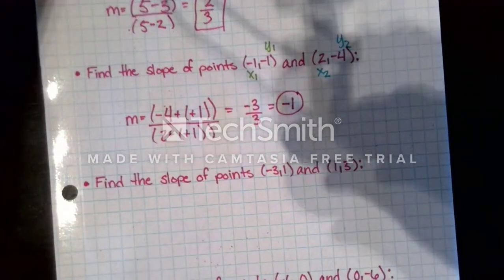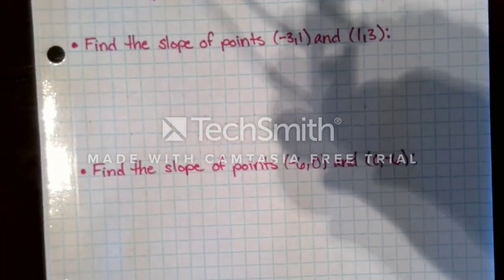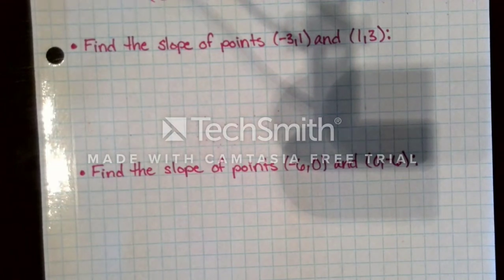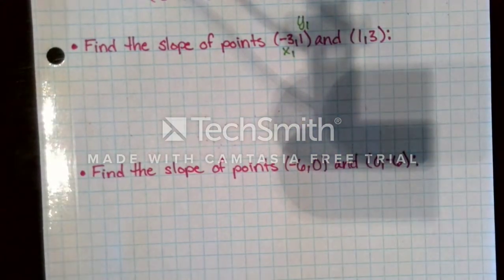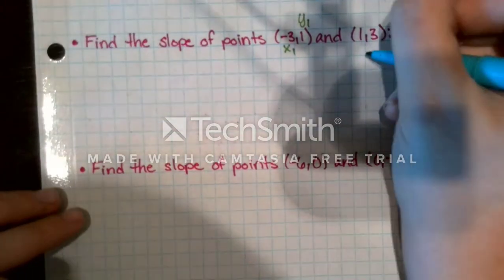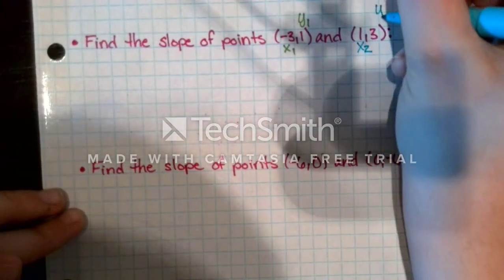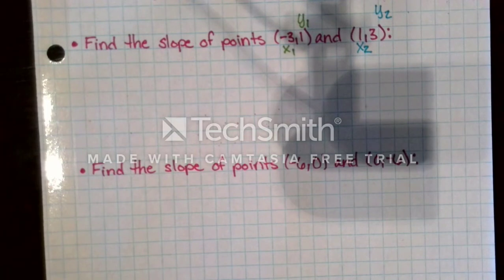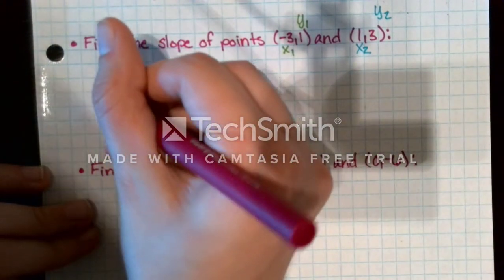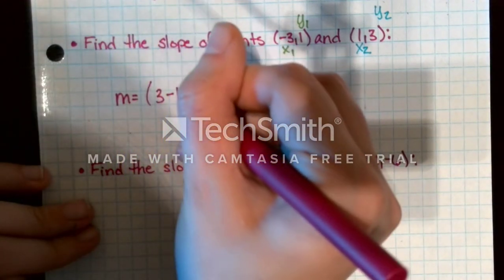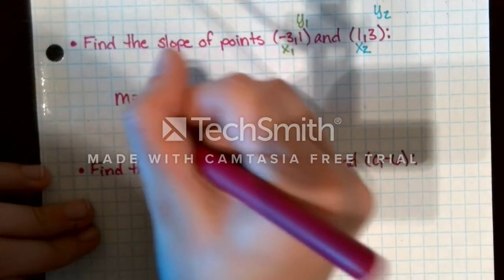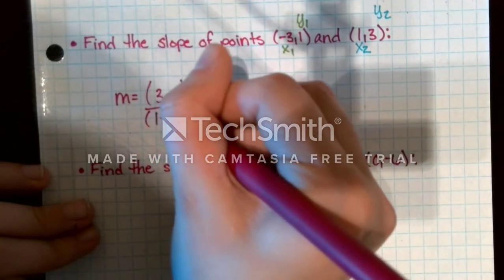Next, the second to last example is (-3, 1) and (1, 3). Again, x1, y1, and we have x2, y2. Plugging it into our formula, we have m is equal to y2 minus y1 over x2 minus x1.